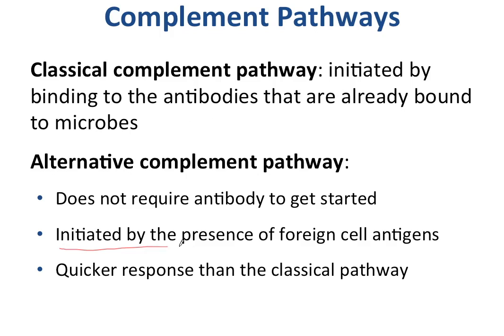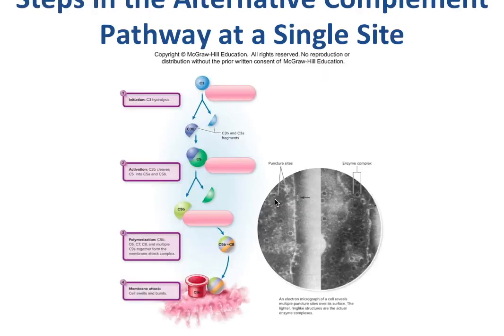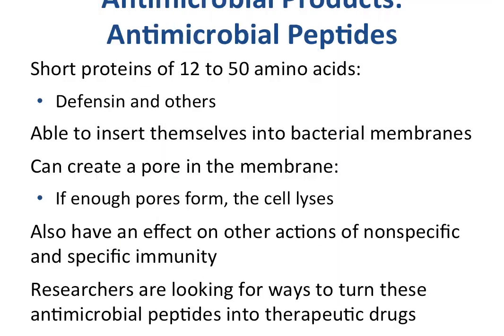They can be induced by the foreign stimulus antigen. So that's why alternative is a quicker response, because they don't need the antibody. So this is the diagram of the alternative pathway.